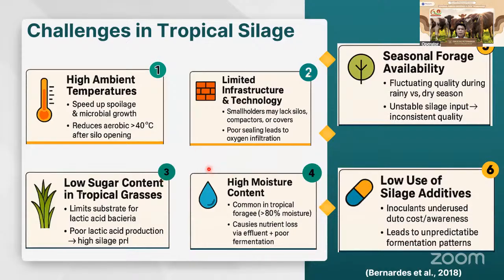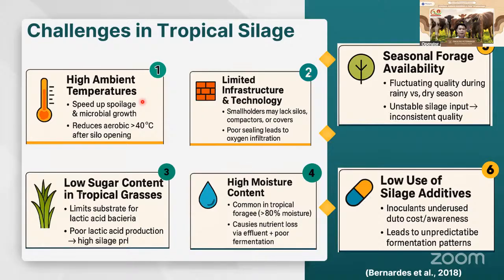So this is still a challenge for animal production, particularly when we talk about making silage in tropical areas. There are several factors we need to be concerned about, like high ambient temperature. This factor may lower the quality below what we expect.